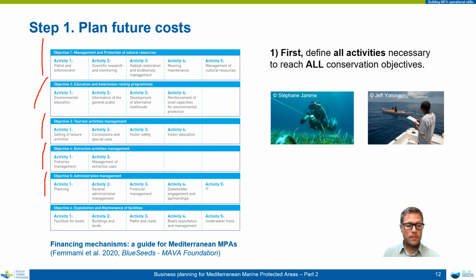Administrative management, very important and sometimes overlooked. It includes planning or general administrative management, financial management, stakeholder engagement and partnerships, or IT activities. And finally, exploitation and maintenance facilities, not to be overlooked either. Facilities for boats, for example, buildings and lands, paths and roads, or even underwater trails.